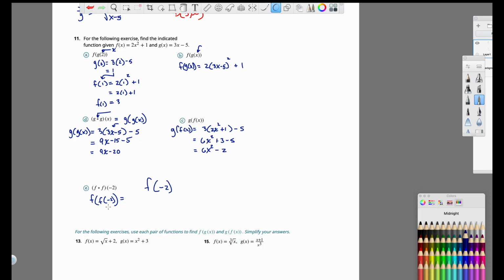And then we'll put that into our f of x function. So f of negative 2 means we're doing 2 times negative 2 squared plus 1. Okay, here's our f of x function there. And negative 2 squared is 4. 4 times 2 is 8, plus 1 is 9. So f of negative 2 is 9.